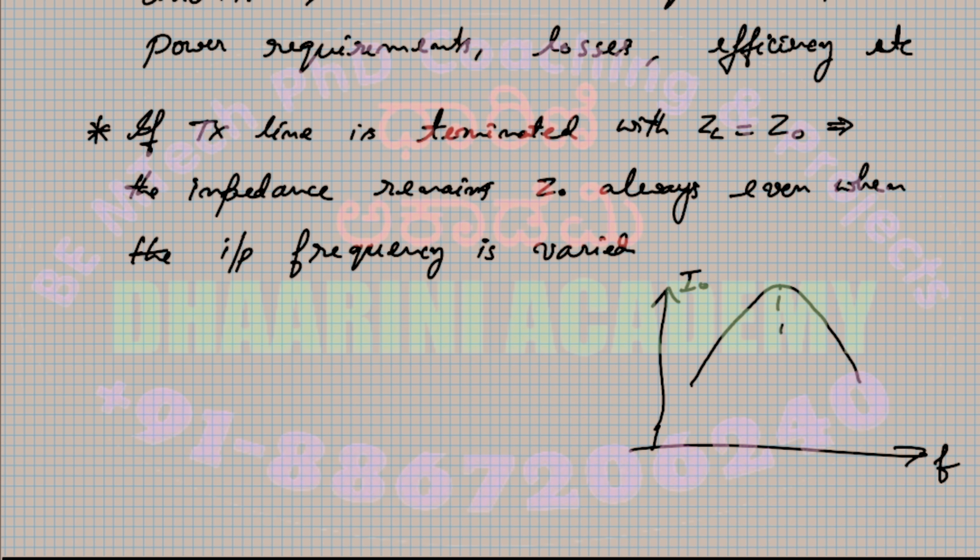At f naught you have the highest current, I max, then two other frequencies, fh and fl, at some value of current, maybe 0.707 I max.